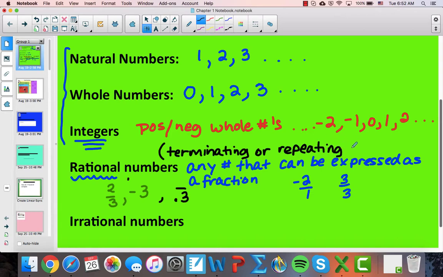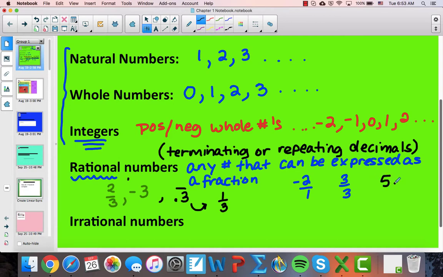You should actually know that 0.3 repeating is the fraction 1/3. 1/3 works out to be 0.3 repeating. And we're going to go over some more fractions that I think are important for you to know this year. But right now, rational numbers: terminating or repeating decimals.